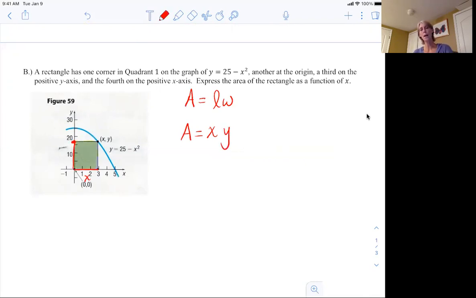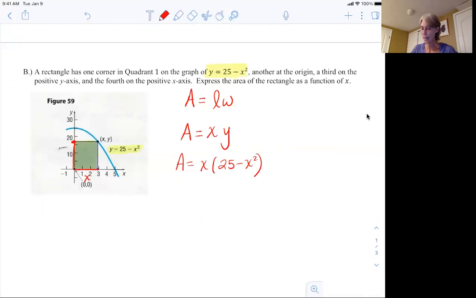The last little problem is, remember, we want it in terms of x. So I want to get all x's. I need to replace that y with x. So I go back to my information and look for something that relates the x and the y value. When I write this, I can replace y with 25 minus x squared.